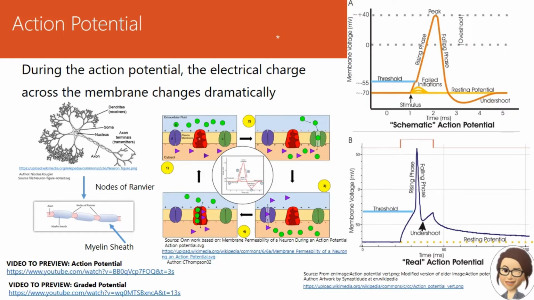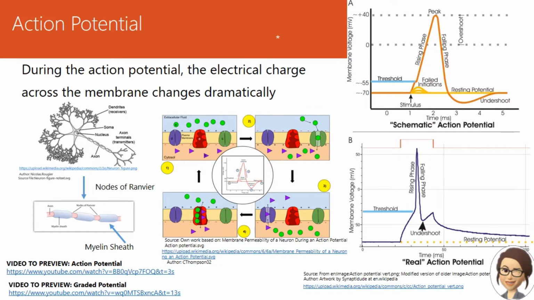To illustrate, okay, so this is the axon, and this axon is covered by the myelin sheath, and in between we have the nodes of Ranvier.